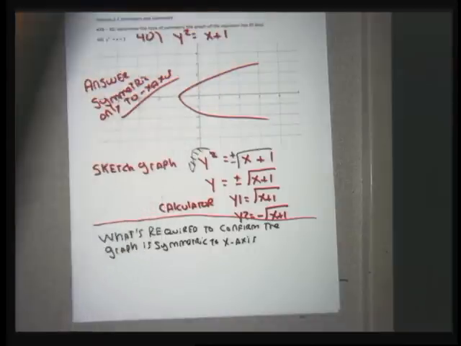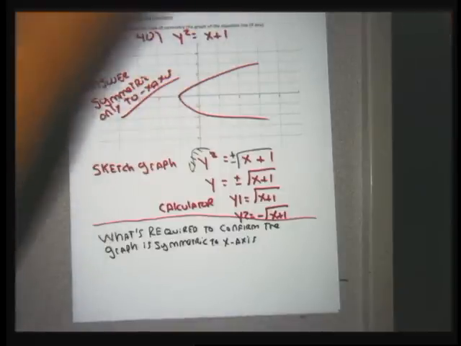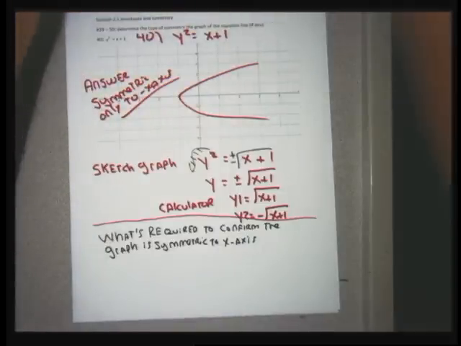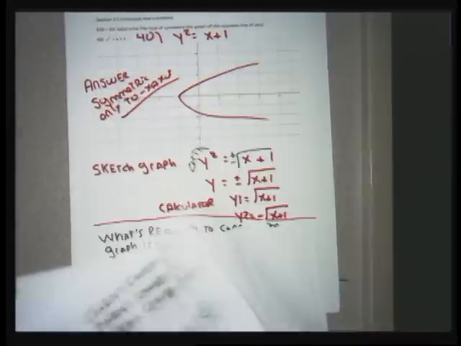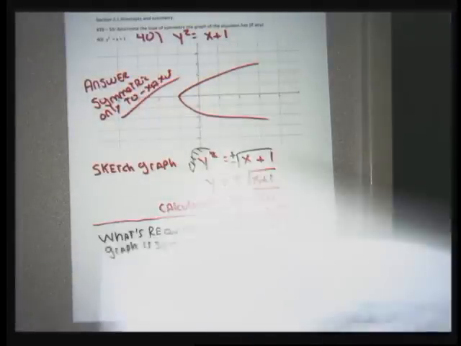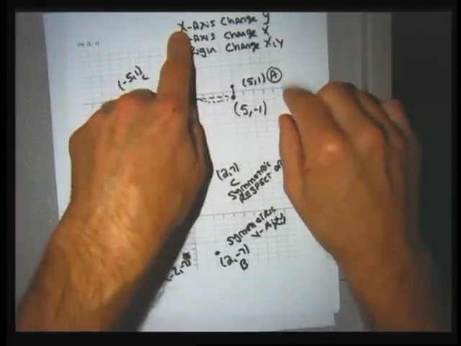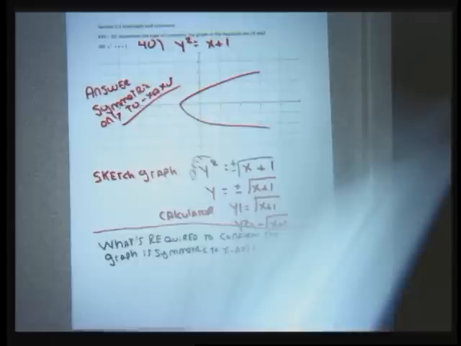When I was asked to create points, and I created points that were symmetric to the x-axis, what I did with it, I had a point and I wanted to find the point of symmetry to the x-axis, I changed the y. Somewhere up here I did that. So when I was asked to find the point of symmetry with respect to the x-axis, I changed the y. That's what the algebra test is going to have me do.